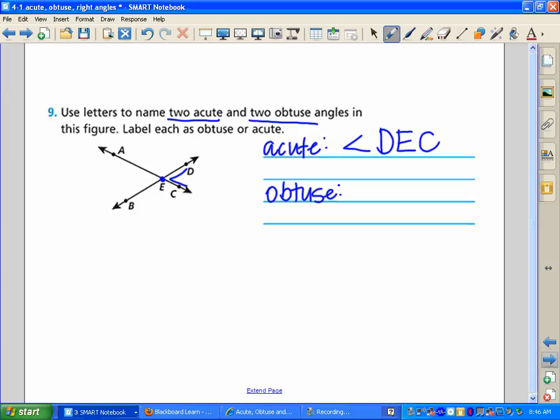Okay, you find the other acute angle. There's one other acute angle. You find it, write it down. Make sure you write the angle symbol.